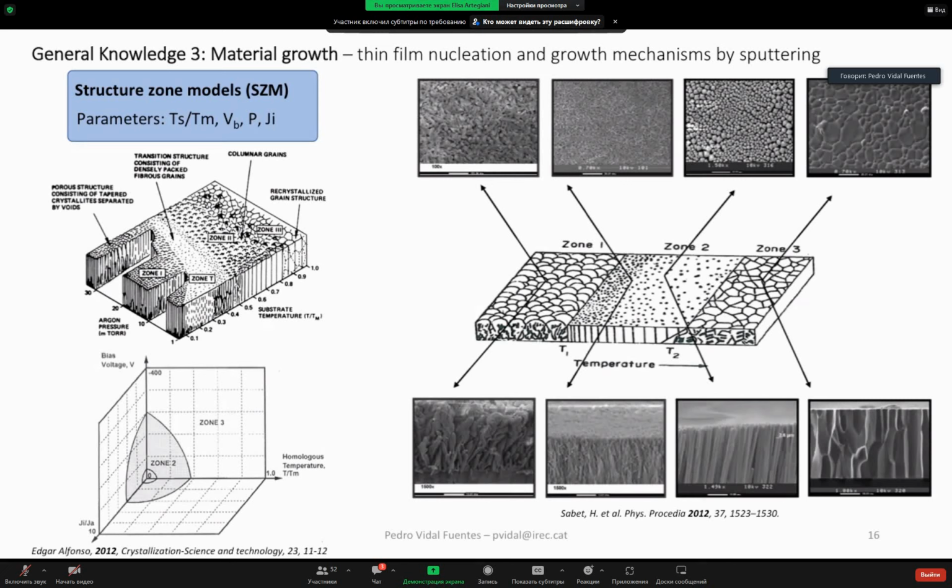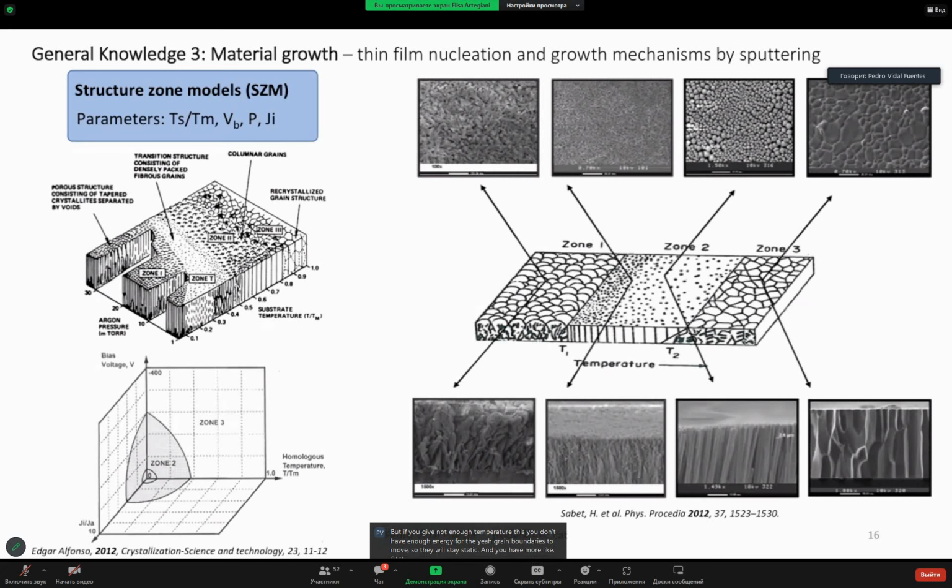But if you don't give enough temperature, you don't have enough energy for the grain boundaries to move, so they will stay static, and you have more filament growth, like in the second image from the bottom. So you can explore this for your materials when you are growing them, playing with the different parameters, knowing that all of them are more or less correlated to reach the same final result.